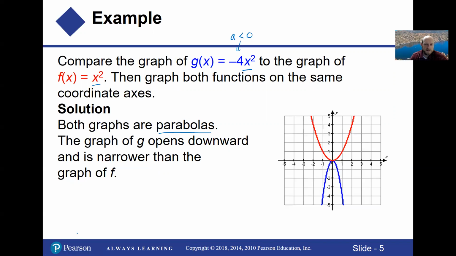If we're trying to graph these, f of x equals x squared is just the graph of our base function, and then this is the negative 4x squared. We could figure those out by making a table of x and y values, plotting those points and graphing them. You could also use Desmos.